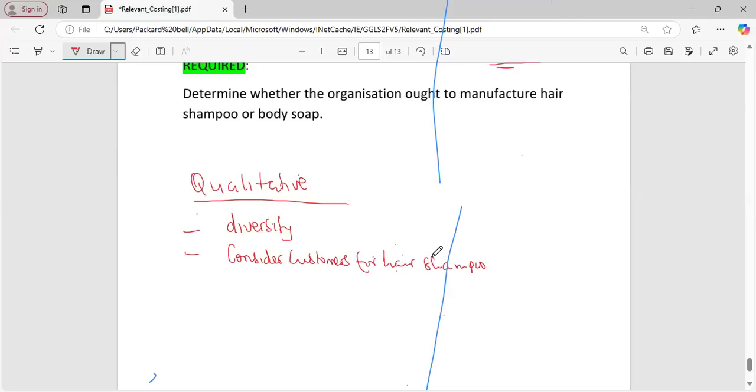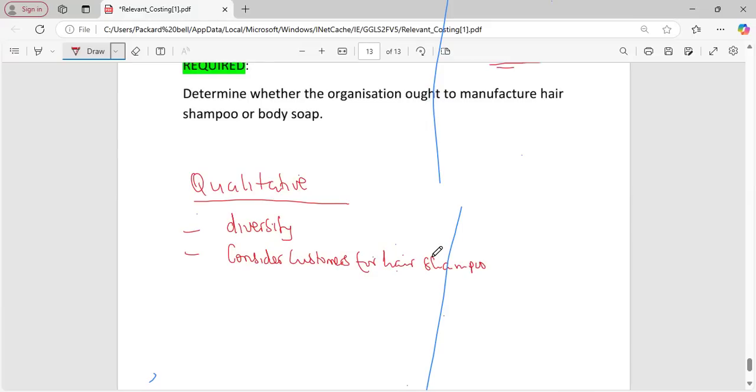And what else can we also take into account there as a qualitative factor? Right.